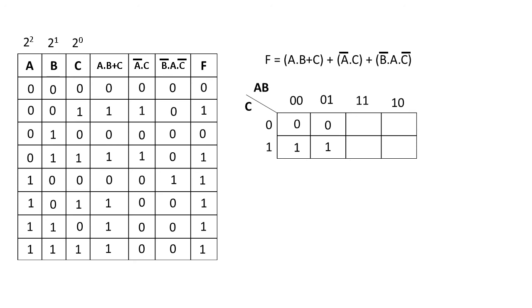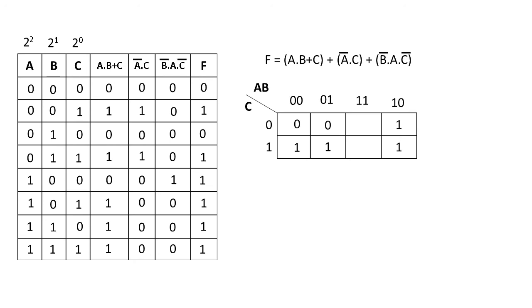Now what's the fifth row? 1 0 0, A1 B0 C0, and the function value we have to keep is 1. So we have kept here the function value 1. Now we should watch the sixth row of the truth table, that is 1 0 1, A1 B0 C1, and the function value is 1.